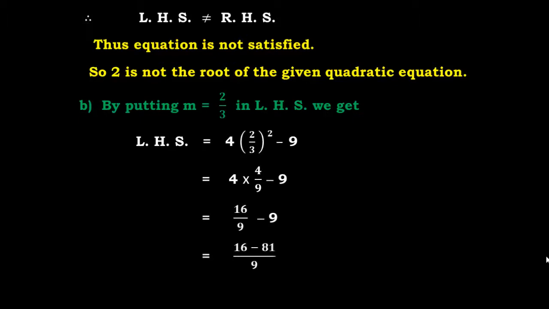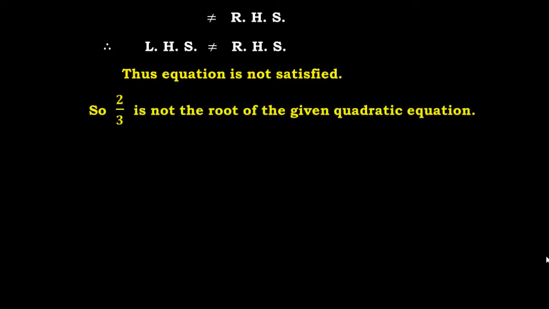Now by cross multiplication you will get 16 minus 81 upon 9, which is equal to minus 65 upon 9. And this is not equal to RHS. So we have LHS not equal to RHS. That means this equation is not satisfied. So m is 2 upon 3, not a root of the given quadratic equation.